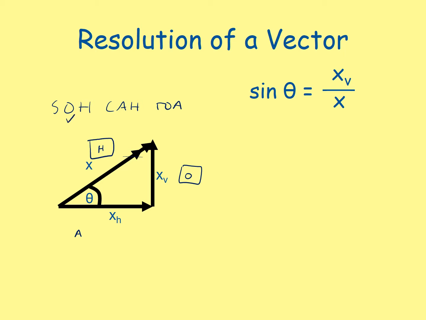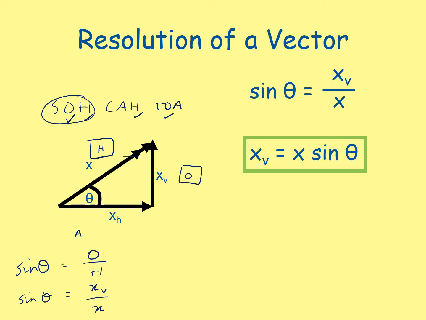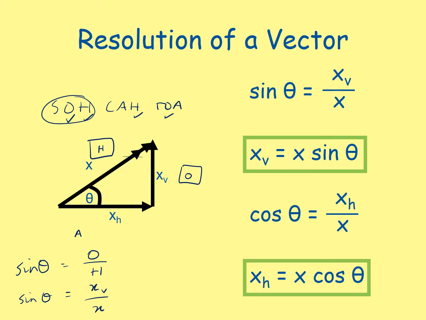So O and H, it's definitely sine we want to use, so sine of theta equals opposite over hypotenuse. So sine of theta equals xv over x. That's where this comes from. Rearranging this, we get xv equals x sine theta. Doing a similar method, we get cos theta equals xh over x, so our horizontal component of x is equal to x cos theta.